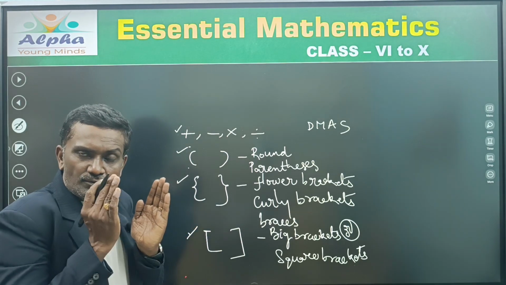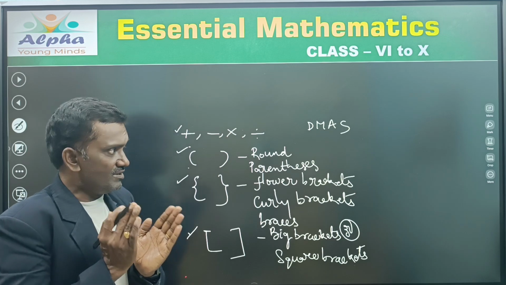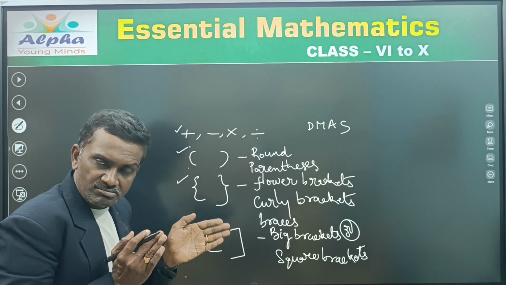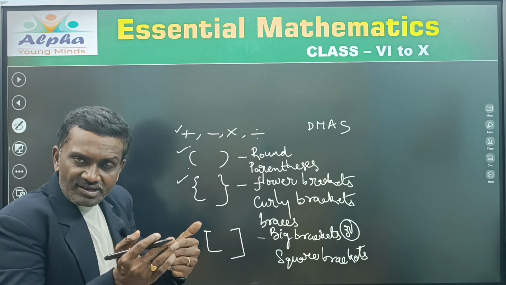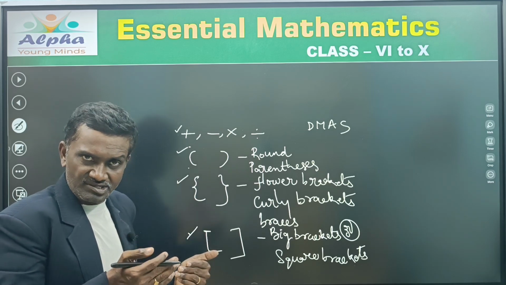So, you can find numerical expressions involving operations as well as these brackets. That's all. How to simplify such an expression given to you for simplification?